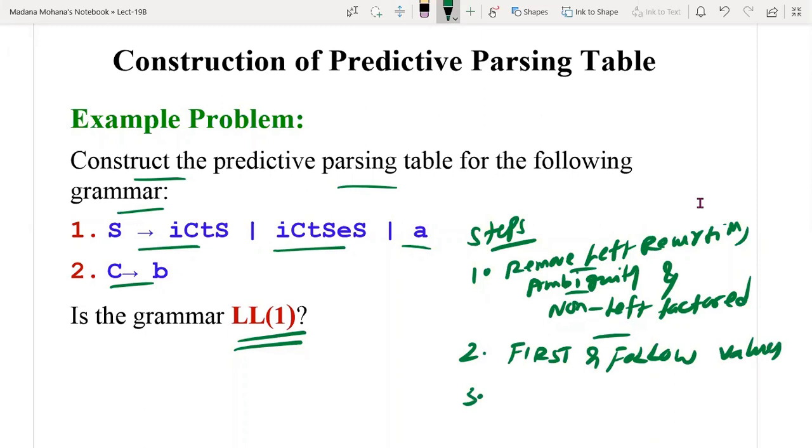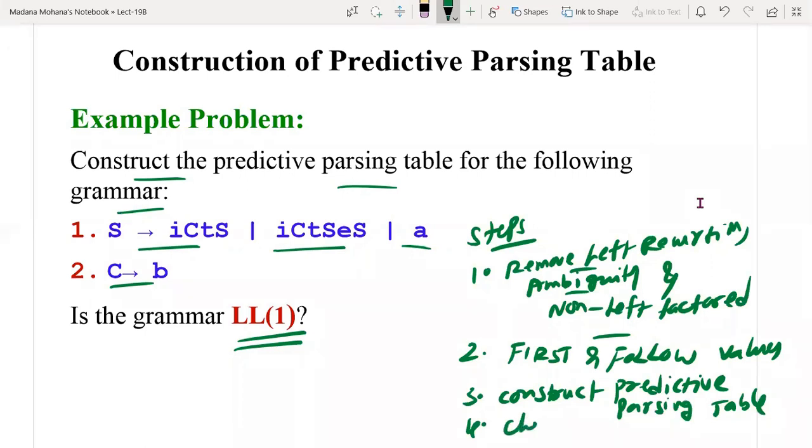Next, construct the predictive parsing table. Then the last step, check LL1 or not by using the condition. These are all the steps we have to follow to check whether a given grammar is LL1 or not.